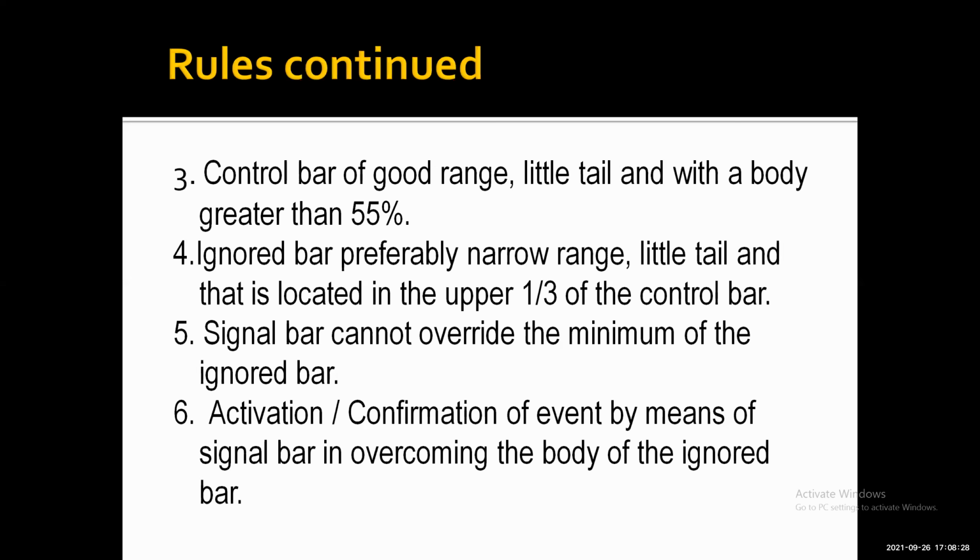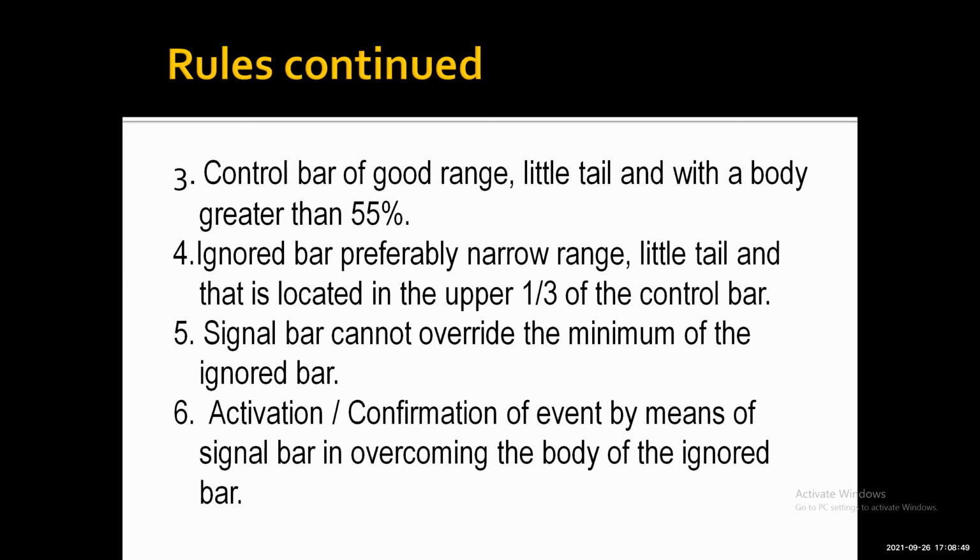The second candle, known as the ignored bar, is preferably a very small candle with little tail, and should be located in the upper 1/3 of the control bar for the buy side, or the lower 1/3 of the control bar if it's on the short side.